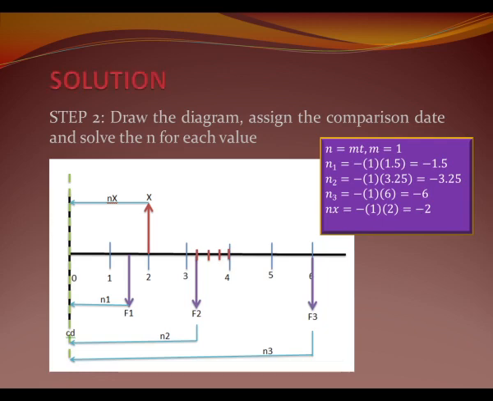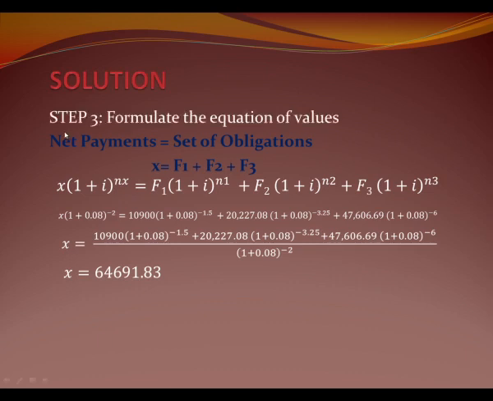And then the next step is we have to formulate the equation of values, which is the net payments will be equal to the set of obligations. And then we have the single payment X, and this should be equal to the obligations F1 plus F2 plus F3. But there is another transaction to replace all these obligations by the given interest rate, which is 8% effective.